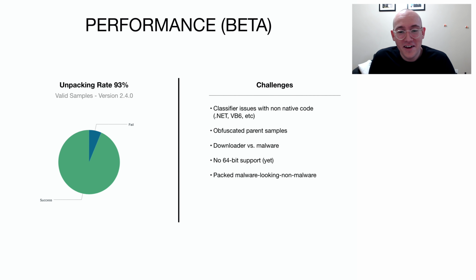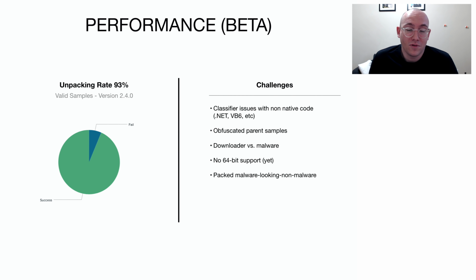And then we have this issue where we have packed malware-looking non-malware. If you remember back in the very beginning of this tutorial, I was saying we don't want to unpack packed commercial software. We have checks in there to do this, but some packed commercial software, especially stuff packed with VMProtect, like game software, we'll just run that through our processors anyway, and you'll get some malformed garbage at the end because we end up picking up the wrong outputs when we try to send them to you.